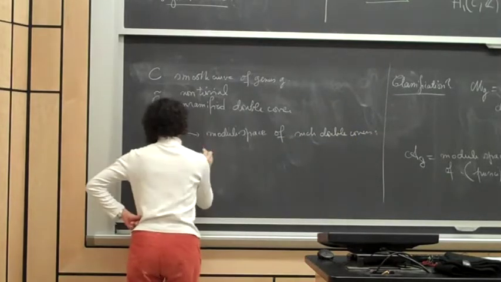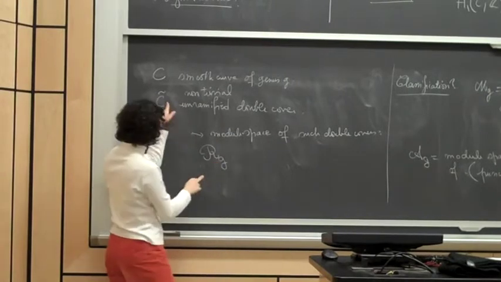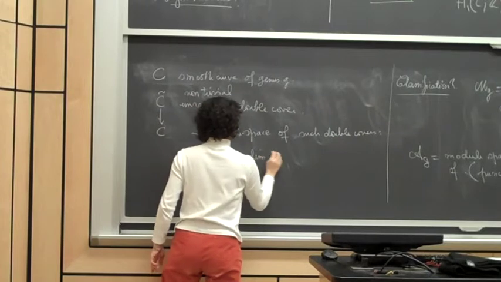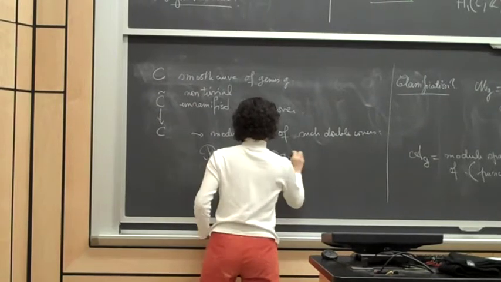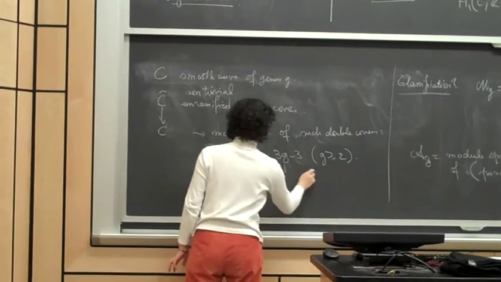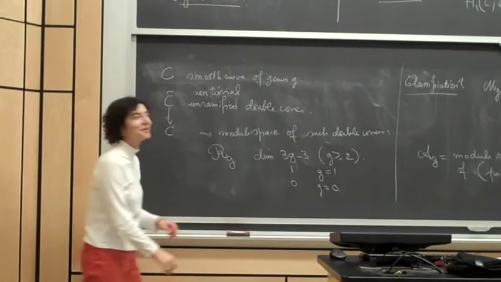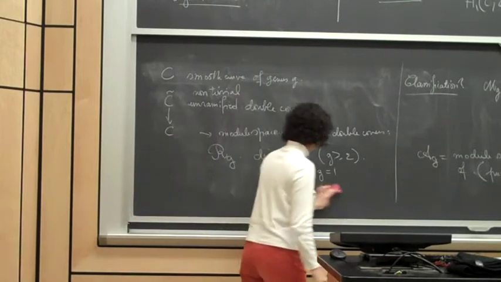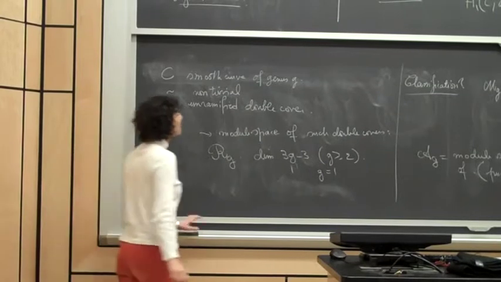And usually people call this R_g, right? And it turns out, because the extra information is finite, this has the same dimension as M_g. Again, that's for g at least 2, 1 if g is 1, and 0 if g is 0. No, wait a minute, if g is 0 it doesn't make sense. Then I said it was non-trivial, so. Okay. Alright.